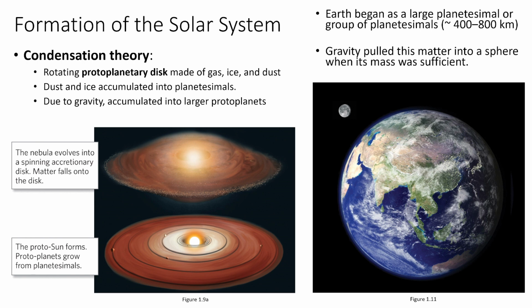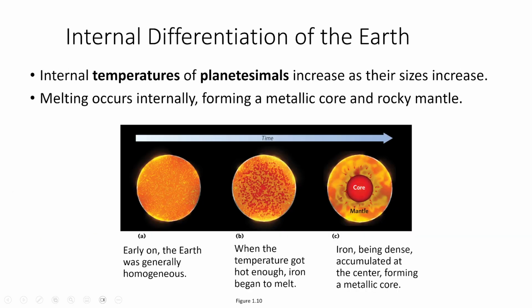So Earth began as a large planetesimal or group of planetesimals around 400 to 800 kilometers in diameter. And gravity pulled all of this matter into a sphere when its mass was sufficient. Earth had an internal differentiation when it began. All planetesimals, once they reach a certain size, have internal increases in temperature.